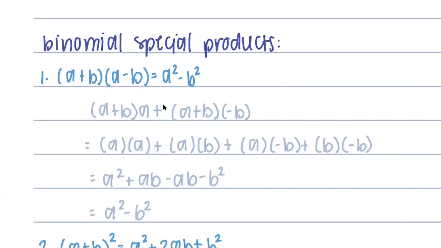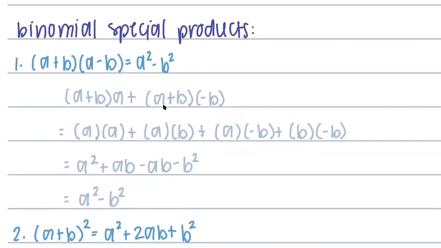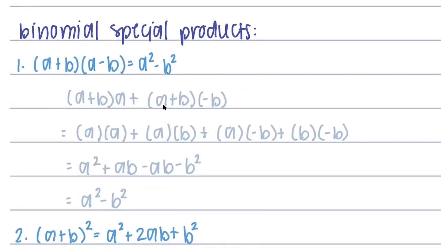Then you distribute that out: a times a plus a times b, and then a times negative b and b times negative b. So what's the shortcut? The shortcut is that when you see a problem in this form, you know that the answer is just a squared minus b squared, and you don't have to go through all of this work to get to a squared minus b squared.